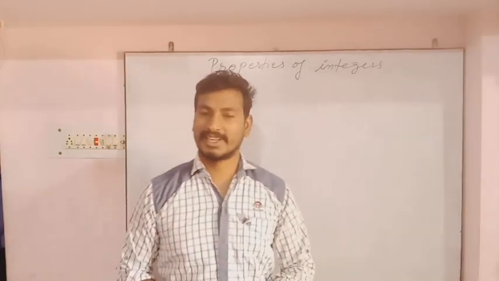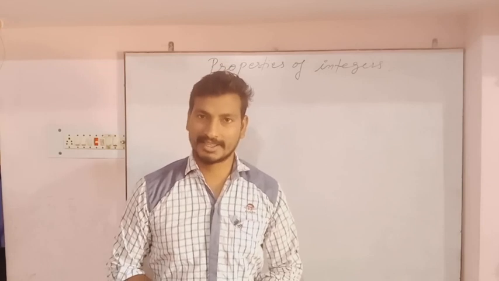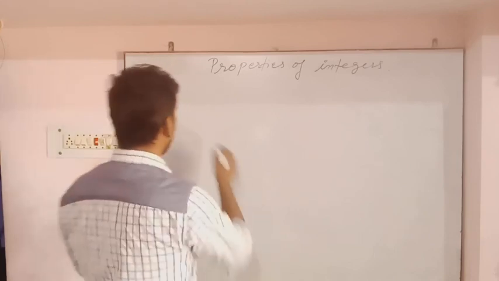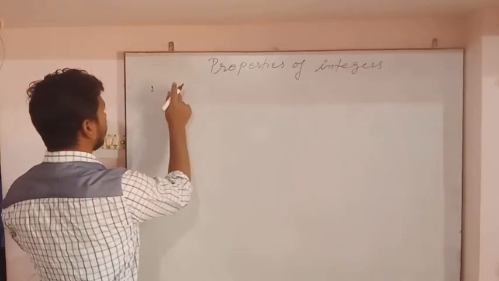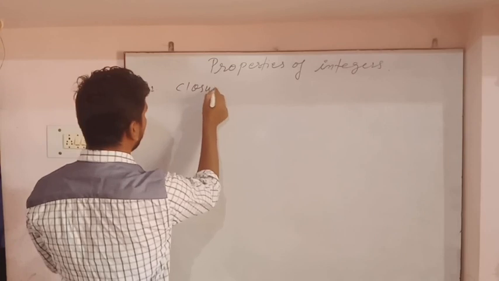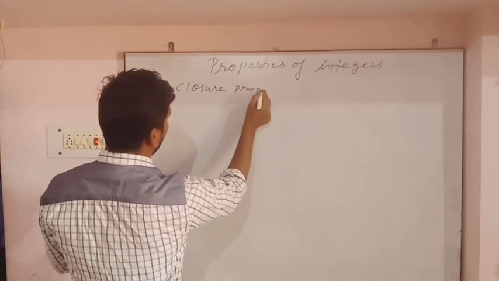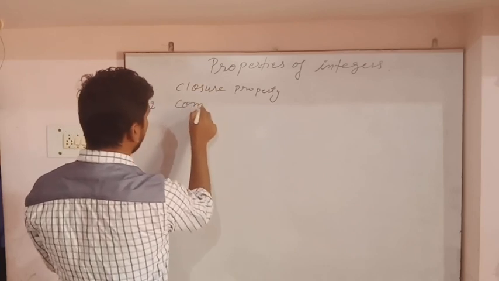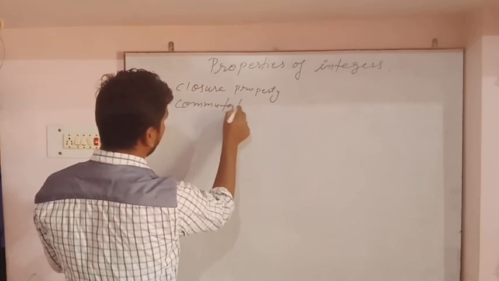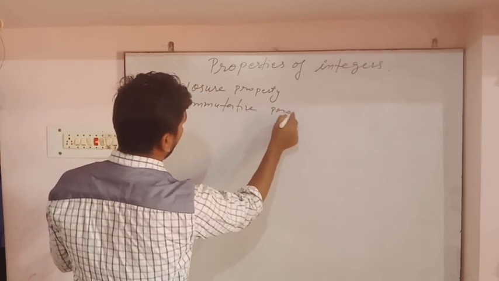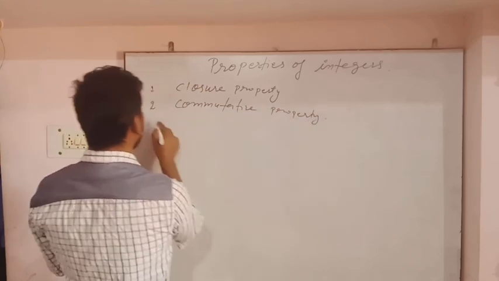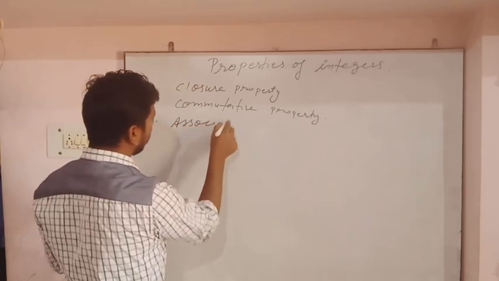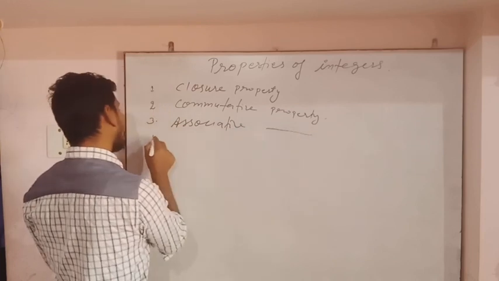Now, our main question is, what are the properties of integers? There are basically 5 properties. First, closure property. Second, commutative property. Third one is associative property.